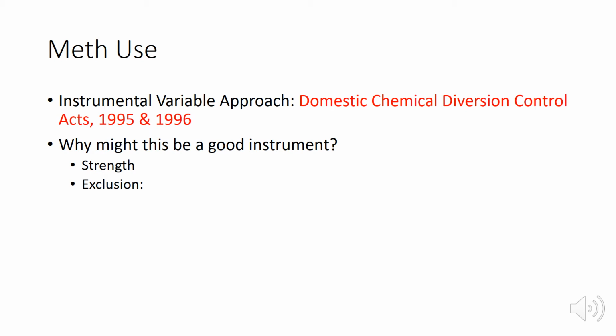Why is that? Who knows? Yeah, because you make meth with cold medicine. We've all seen Breaking Bad. So why might making it harder to buy Sudafed be a good instrument for meth use?